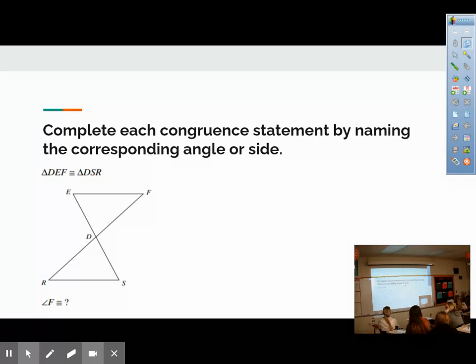Go ahead and share with your partner what you wrote. Alright, Natalie, go up there and tell us what you got for your answer. Angle R. Why did you put angle R? Because it lined up with that. Perfect.